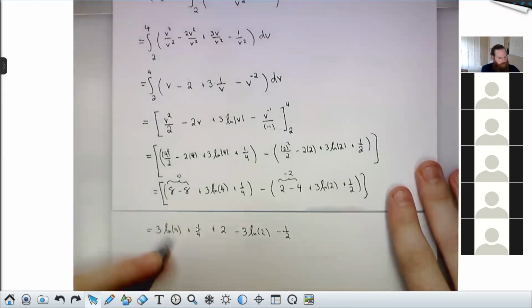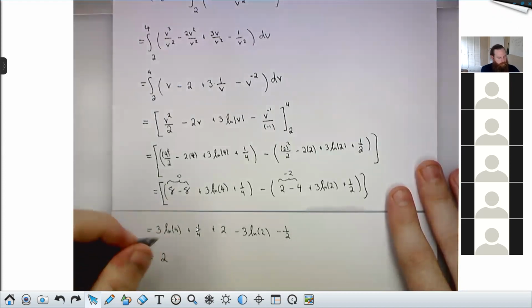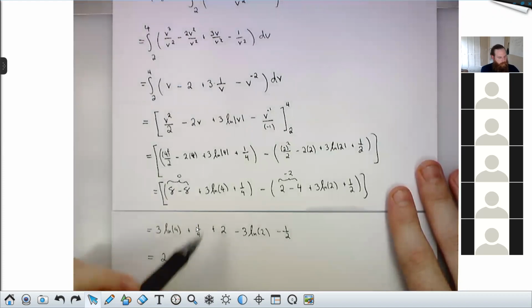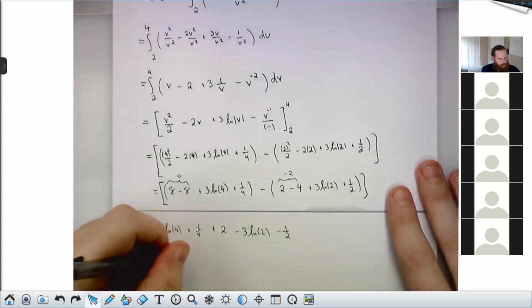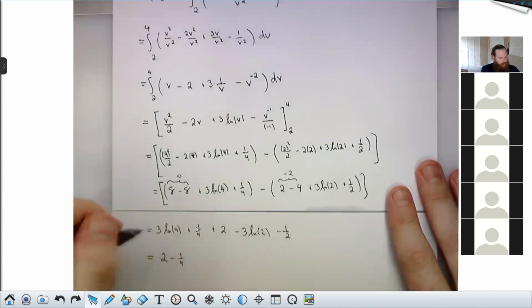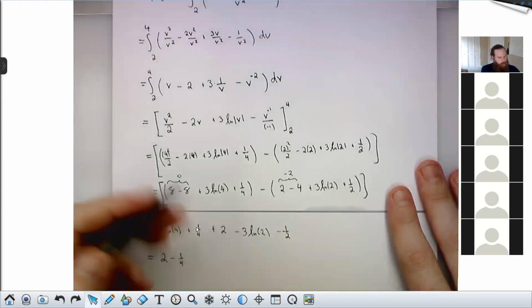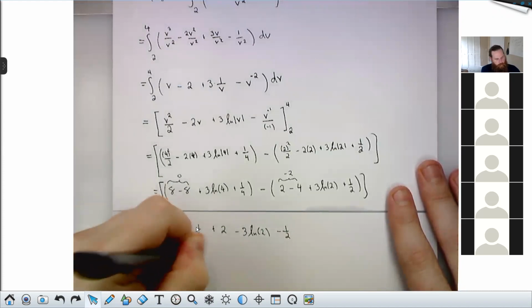The 2 I'll put out front. That's this 2. Positive 1/4 minus 1/2 is -1/4. And then I've got 3 natural log 4 minus 3 natural log 2.